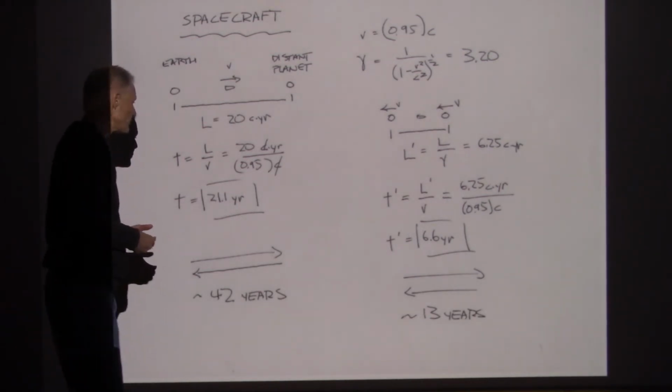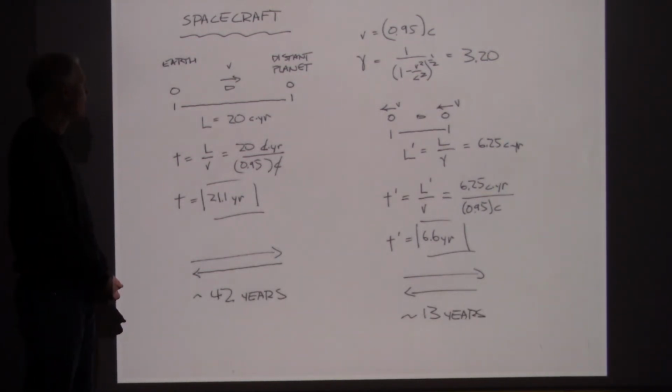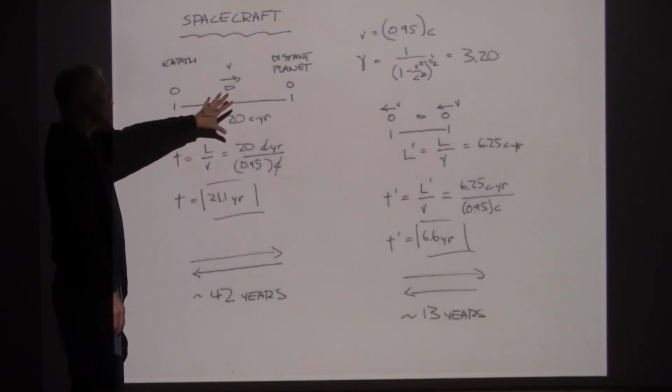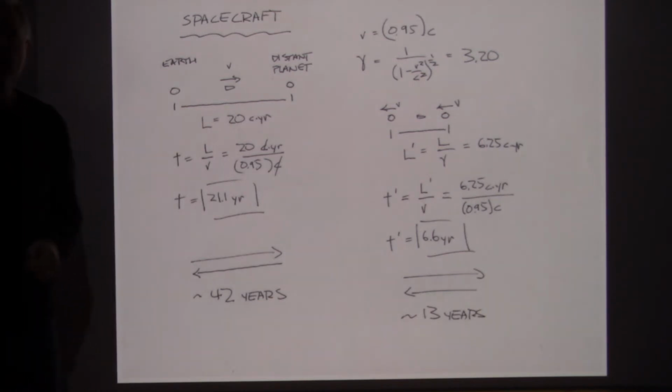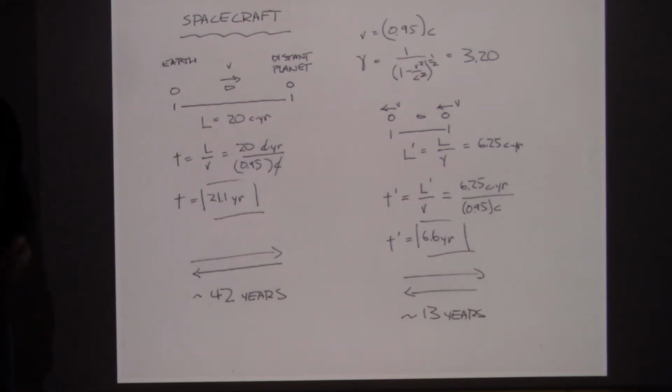So these are measurable quantities now. So if we did ramp up to these extreme speeds, we have every reason to expect that this is the way nature works.